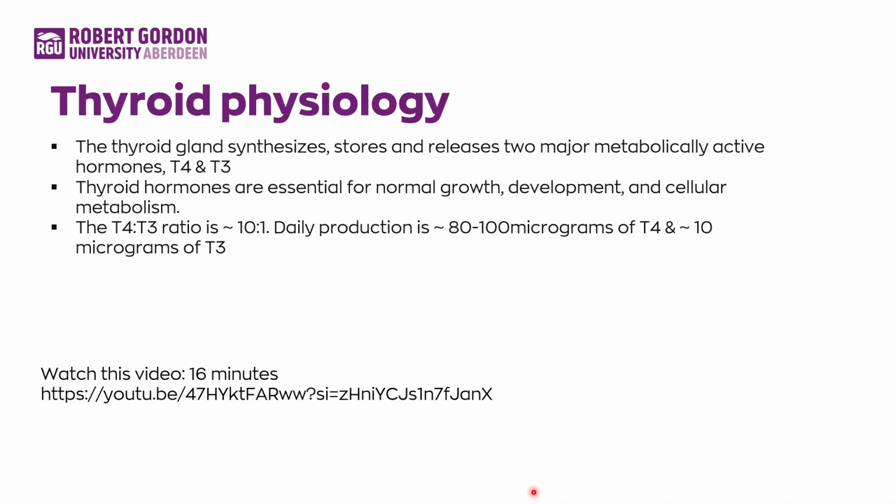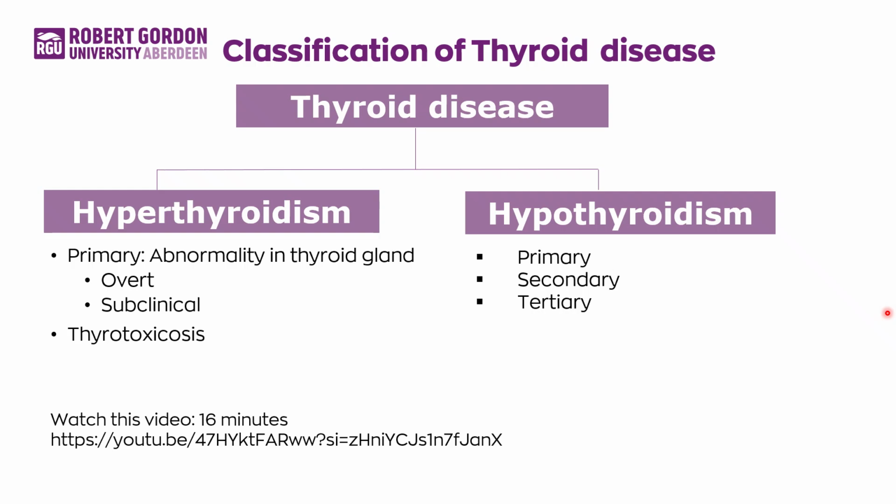Those of you who've dispensed levothyroxine many times will probably now relate to why the doses are the way they are, because we're trying to mimic this physiological, stable amount.